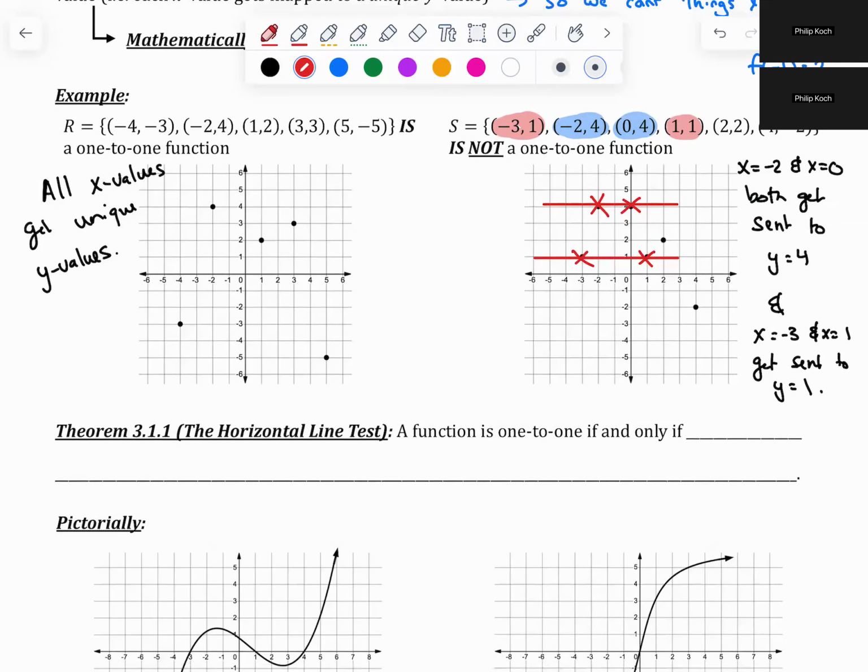So a function is one-to-one if and only if no horizontal line intersects the curve more than once.